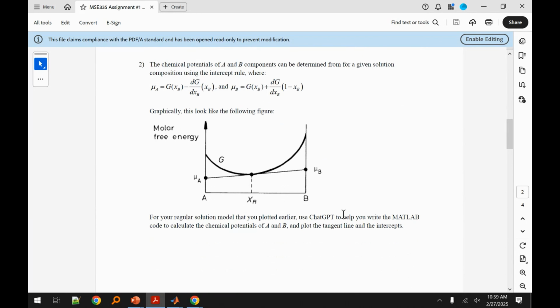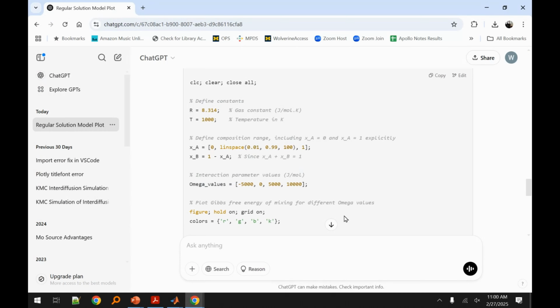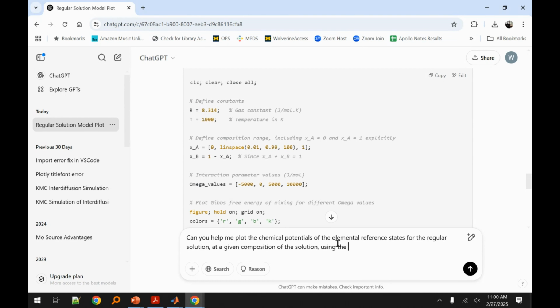So I can tell it right here, can you help me plot the chemical potentials of the elemental reference states for the regular solution at a given composition of the solution, using the intercept rule. Of course, your language has to be very exact. You have to know precisely what to write. If I just say plot the chemical potentials, it might not be right.